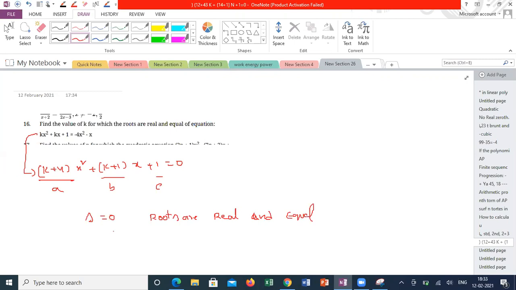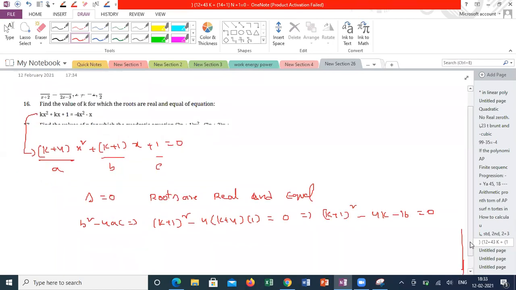So what is the delta value? b squared minus 4ac. b squared is k plus 1 whole squared, minus 4 into k plus 4 into 1. So the equation I'm getting is k plus 1 whole squared minus 4k minus 16, correct?